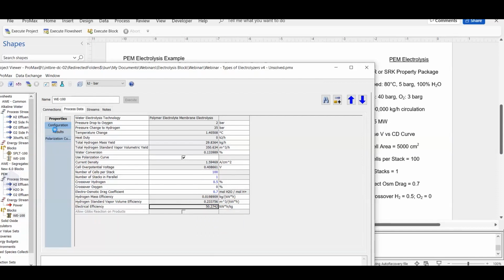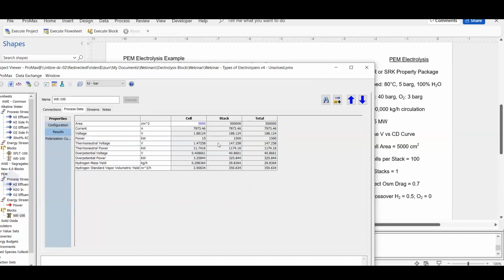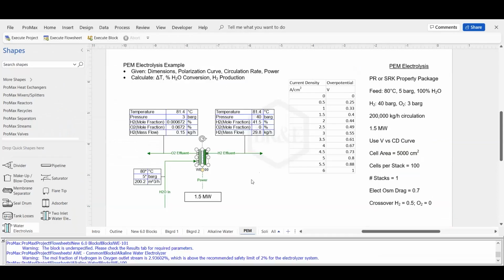Here are our overall results. So you can see how everything lines up on a stack basis, cell basis, total facility basis. So I think that's all there is really to talk about with the PEM electrolyzer. So that we can move on to the solid oxide electrolyzer, our last type of electrolyzer.